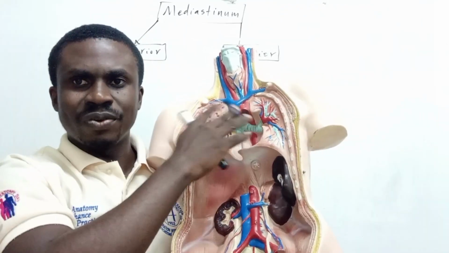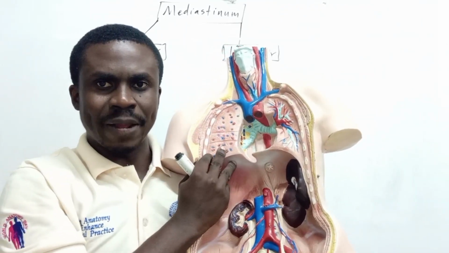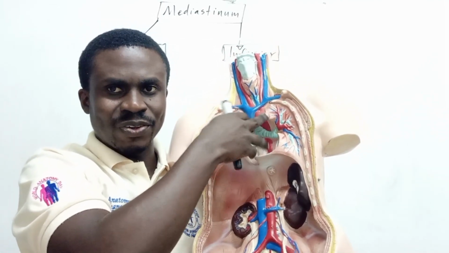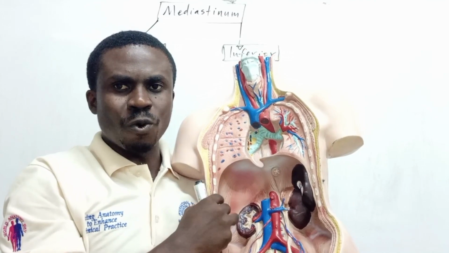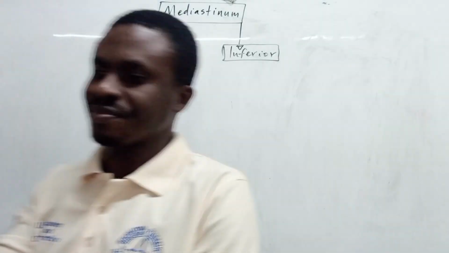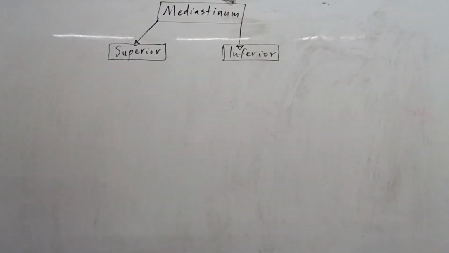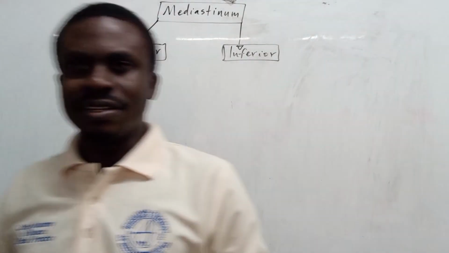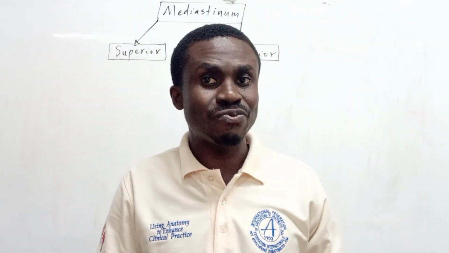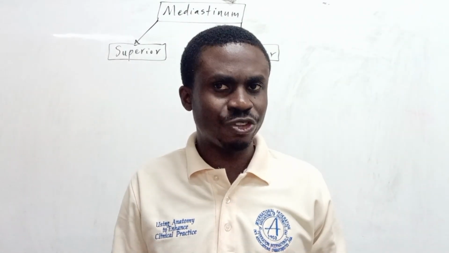They will be covered, or enclosed, in what we call the pleura. For this reason, the medial aspect will be by what we call the mediastinal pleura. Yes, we've discussed these things already. Great. So that is one thing that I want you to become aware of regarding the boundaries of this mediastinum.